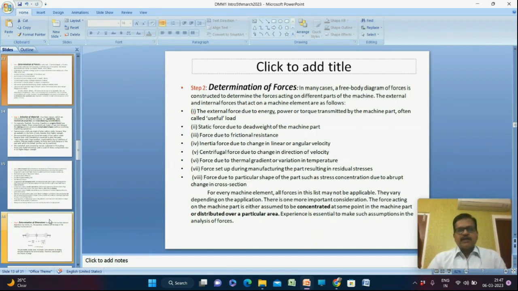Next, static force due to dead weight of the machine part. Number three, force due to frictional resistance. And the next one, inertia force due to change in linear or angular velocity. Next, centrifugal force due to change in direction of the velocity.